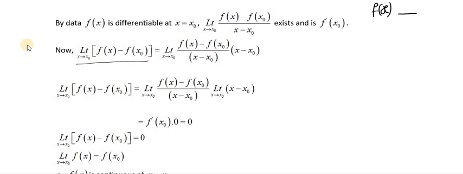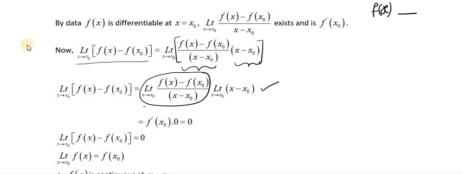So observe, now I am going to apply the limit to this term and this term separately. Then we are going to get this step. Now observe, this value is equal to f dash of x naught.